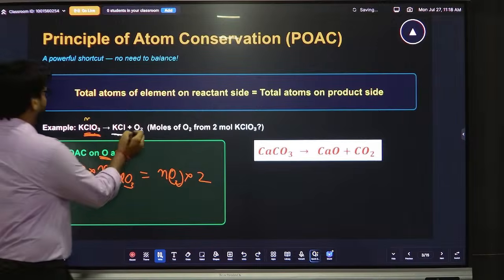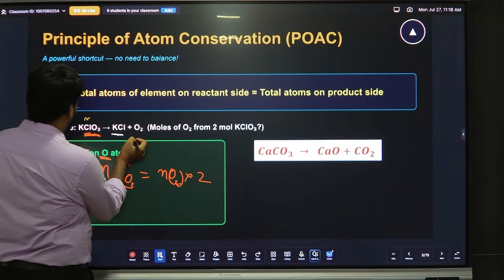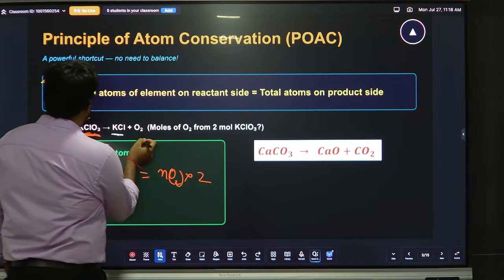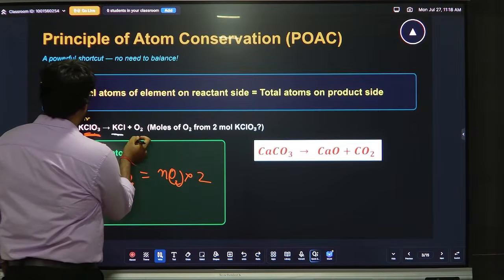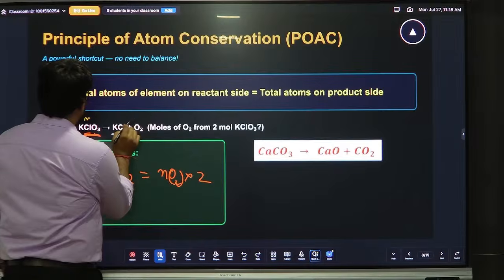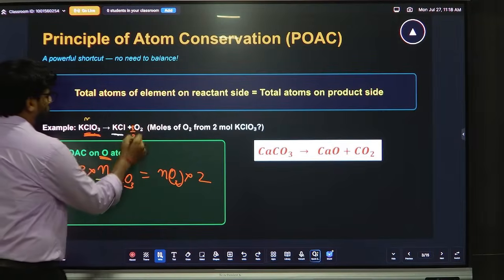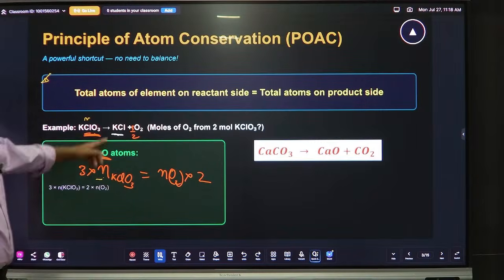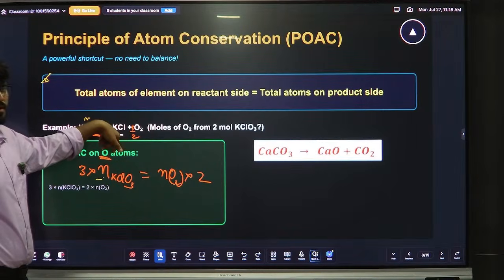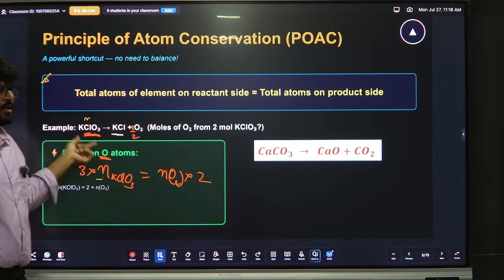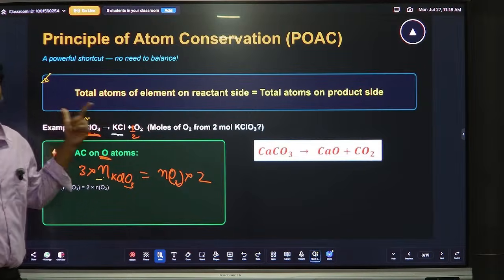Is this reaction balanced or not? It's not balanced, no? You have to do 3 by 2. It's fine. We don't have to worry about the stoichiometry here. We just have to worry about the atoms if the reaction is balanced.